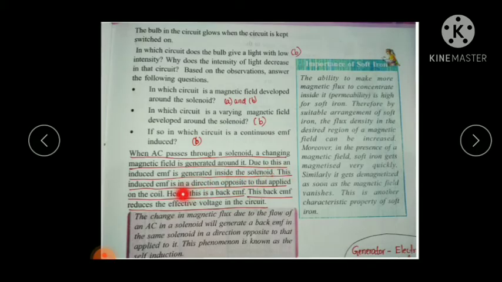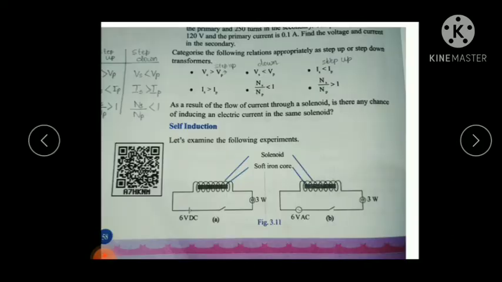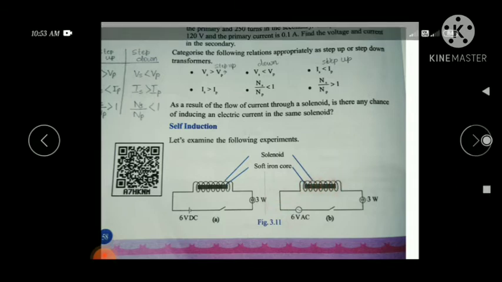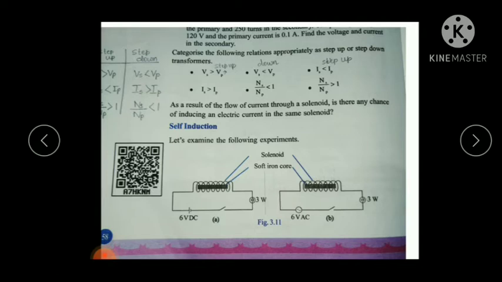This induced EMF is in a direction opposite to that applied on the coil. So the induced EMF in this solenoid is opposite to the current in this circuit. The direction of induced EMF and current in this circuit are opposite to each other.